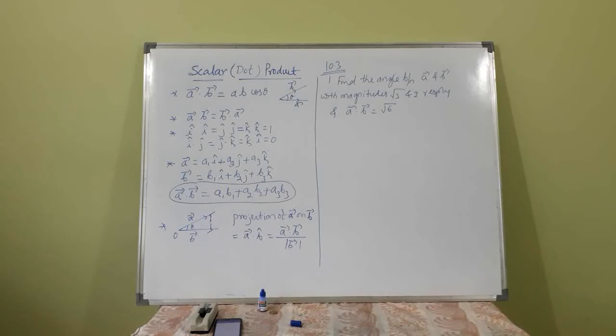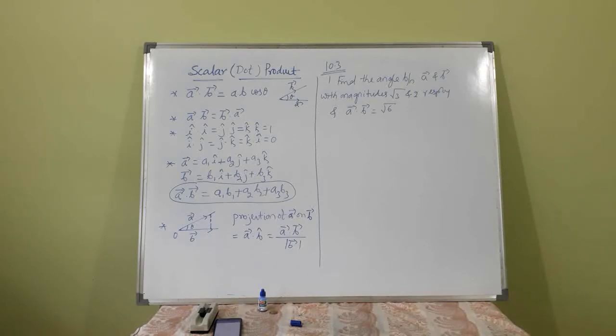If A is A1 I, A2 J and A3 K, and B is B1 I, B2 J and B3 K, then A dot B is equal to A1 B1 plus A2 B2 plus A3 B3. The projection of A on B, A dot B cap, is equal to A dot B divided by magnitude of B. These many results you have to remember.